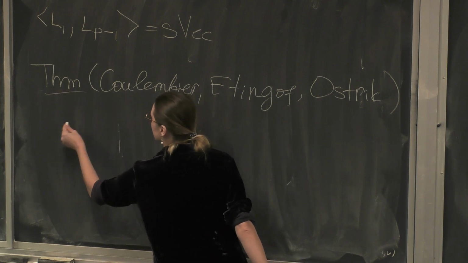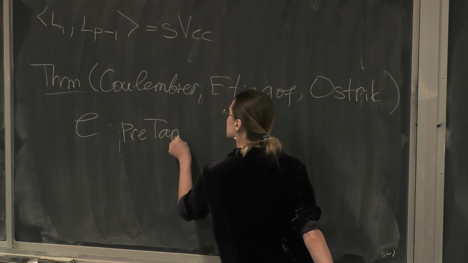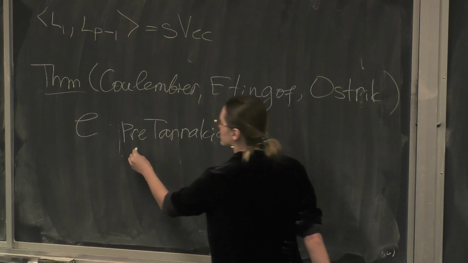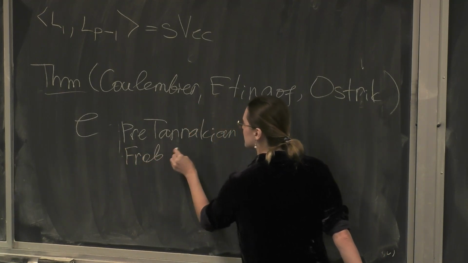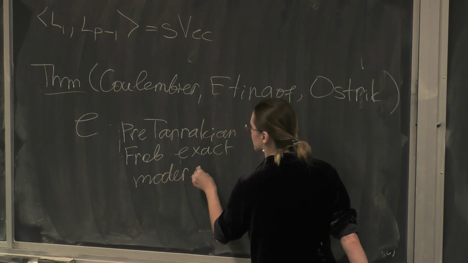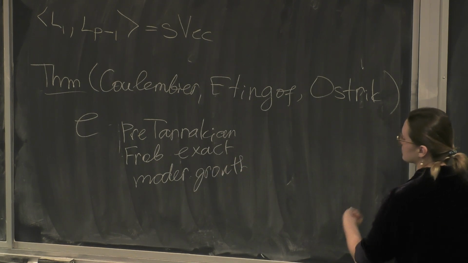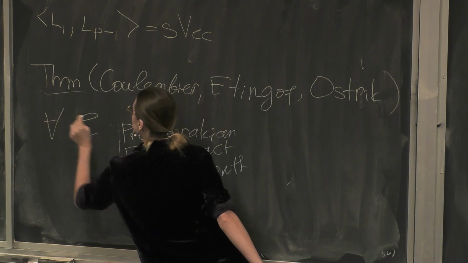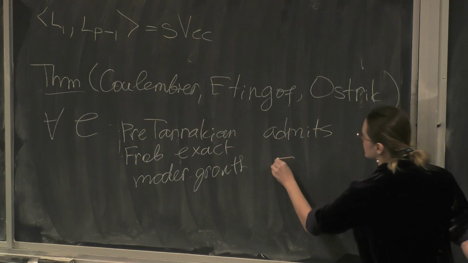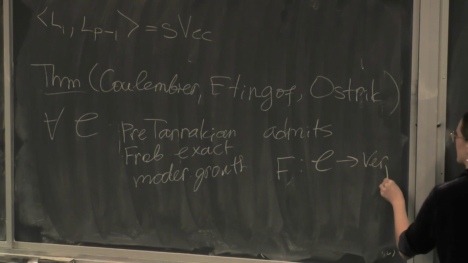So any pre-Tannakian category, Frobenius exact, of moderate growth. In particular, any semi-simple category of moderate growth is such. So it admits an essentially unique tensor functor F from C to Verlinde P.